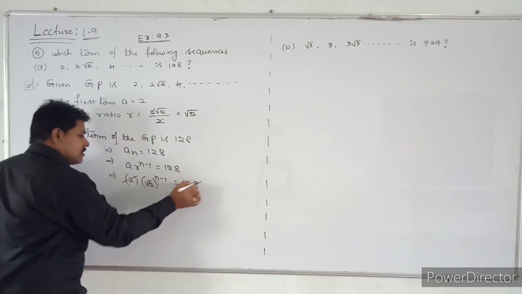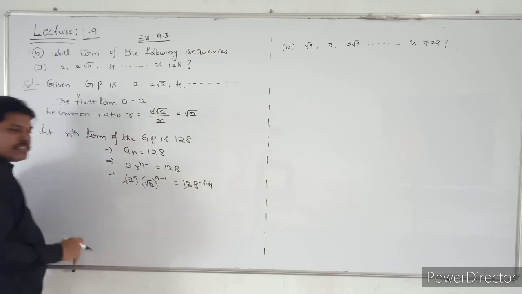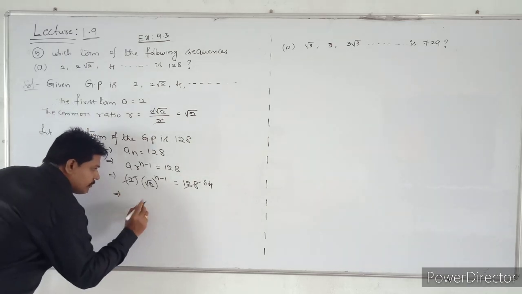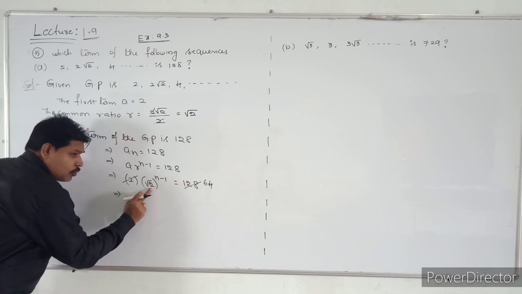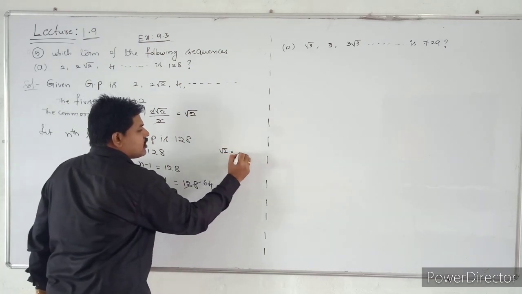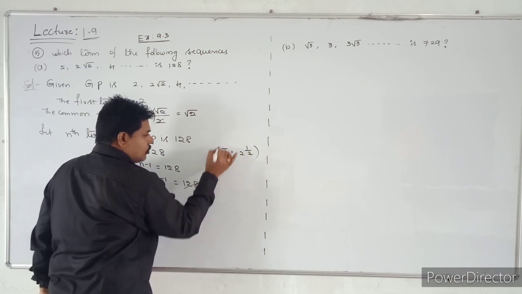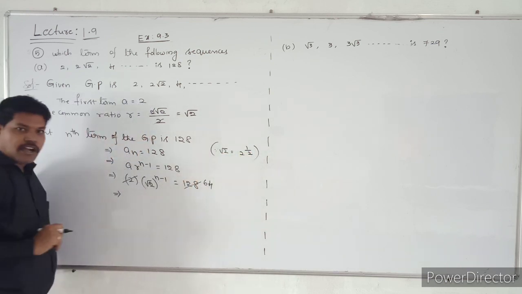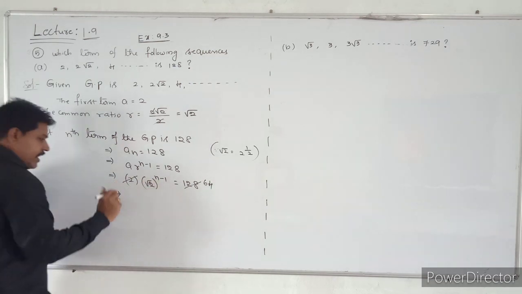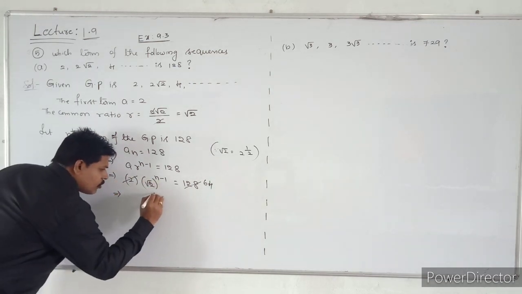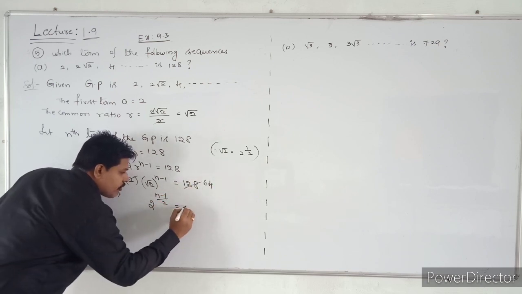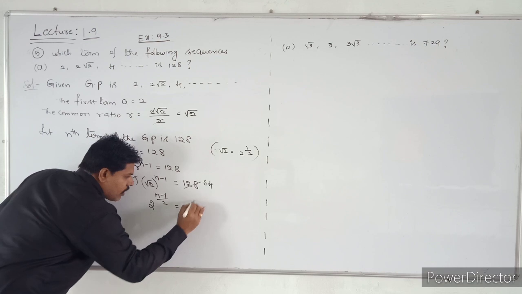First you can cancel this value here, 64 times will be cancelled. Root 2 meaning is 2 power 1 by 2. Already n minus 1 is there, so it will become 2 power n minus 1 by 2. 64 you can write as 2 power 6.